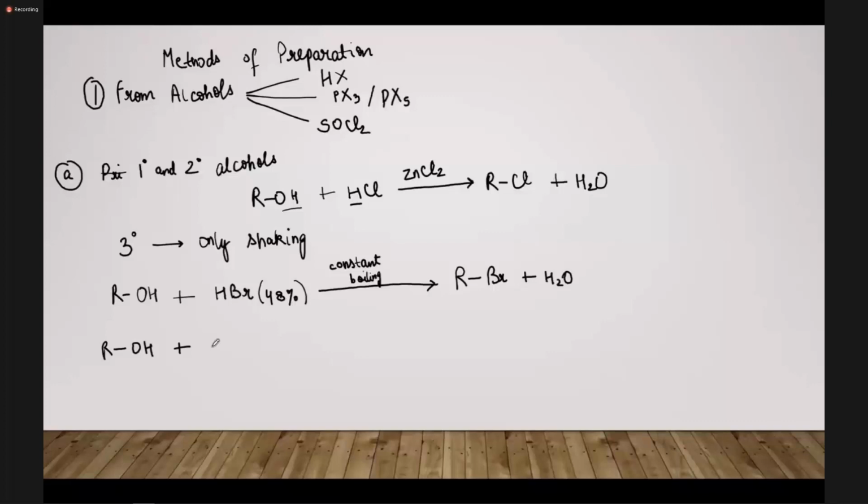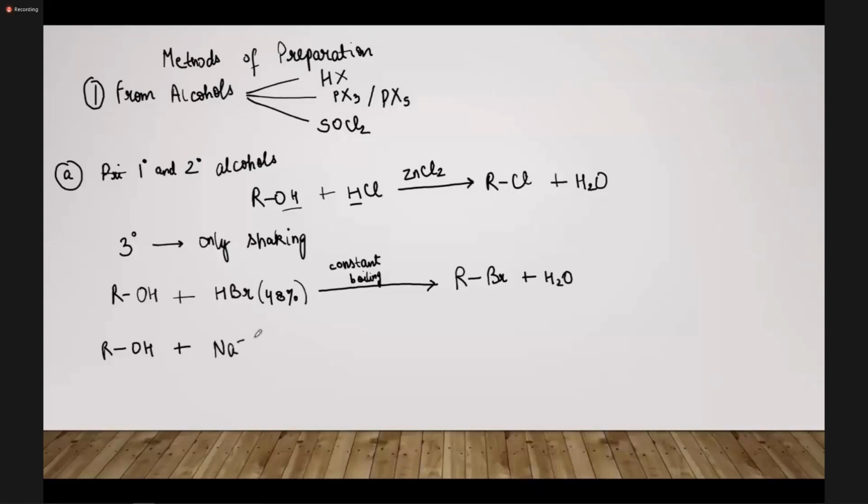We'll study the chemical properties in detail, but the electronegative character, their size, their density, their solubility, everything matters here for the reactions to happen. Only because of the difference in their chemical properties and their physical properties even, this difference leads to these different kinds of reactions for the different halides.